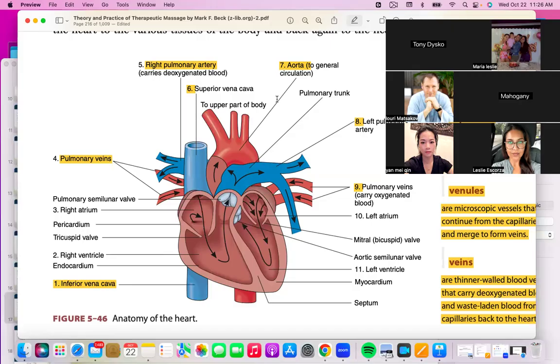Now, number 9, from the arterioles, the blood moves into the thin-walled capillaries, which are the smallest, where the oxygen, nutrients, and fluids move into the tissue spaces, and the metabolic wastes and carbon dioxide are reabsorbed into the bloodstream. So what we do here is we send that blood to the body so we can use what?